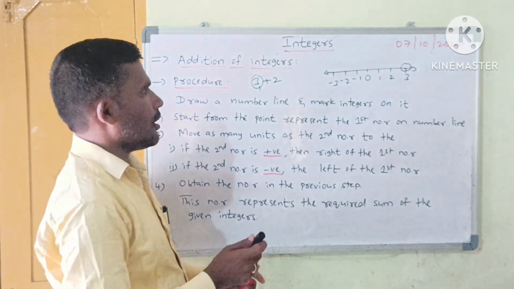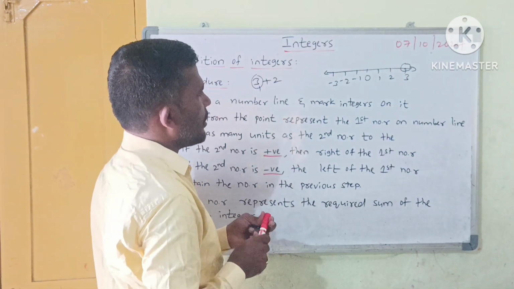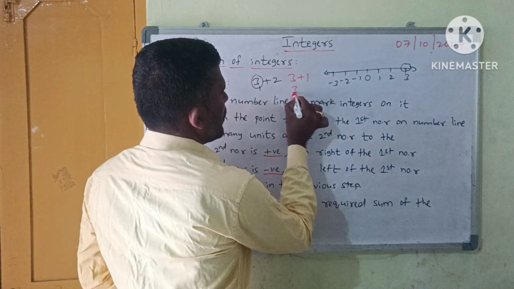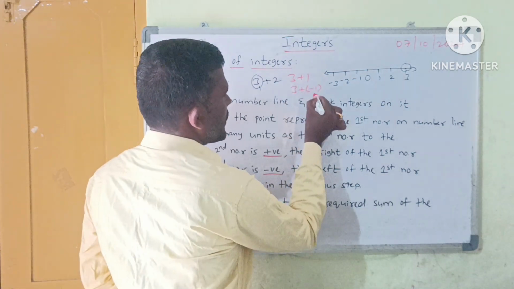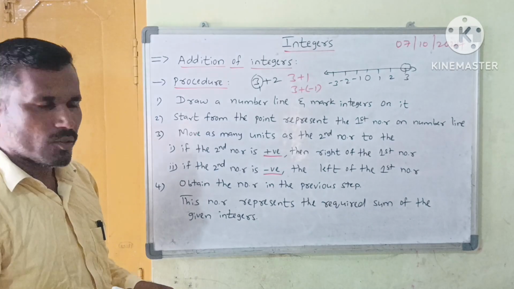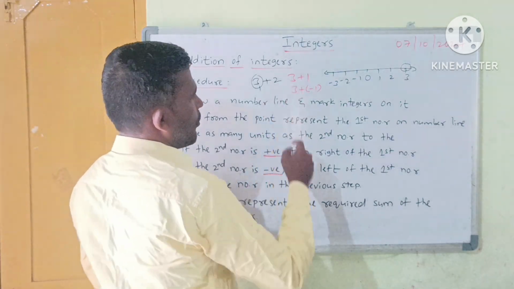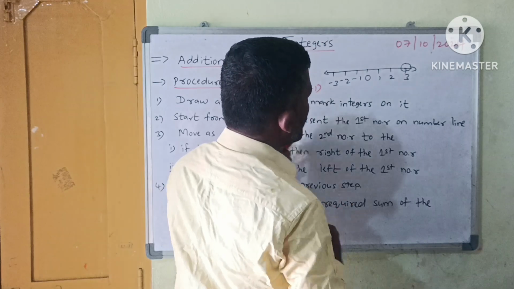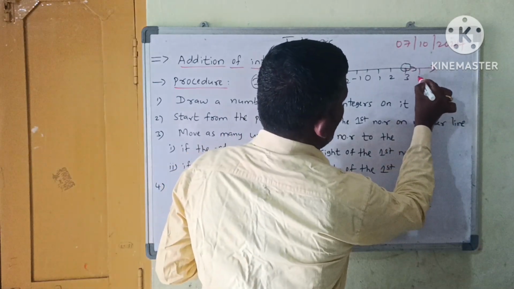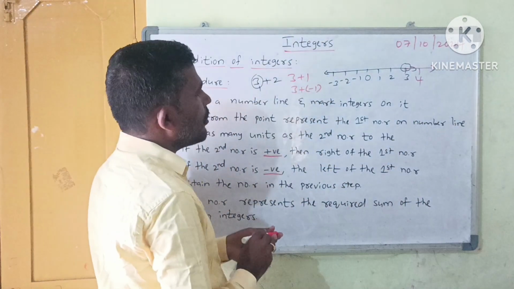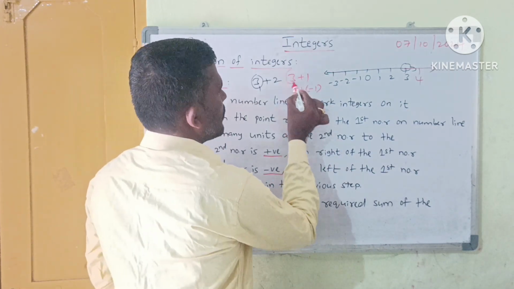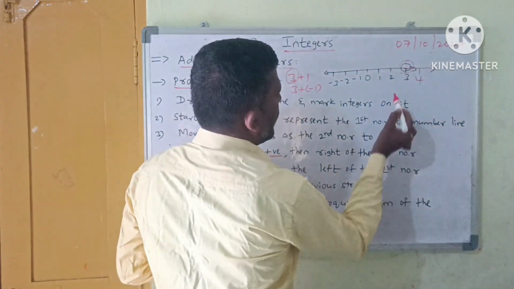For example, I am taking 3 plus 1. We mark 3 here. I am extending the line here up to 4, 5 like that. The first number is 3, so we mark here 3.